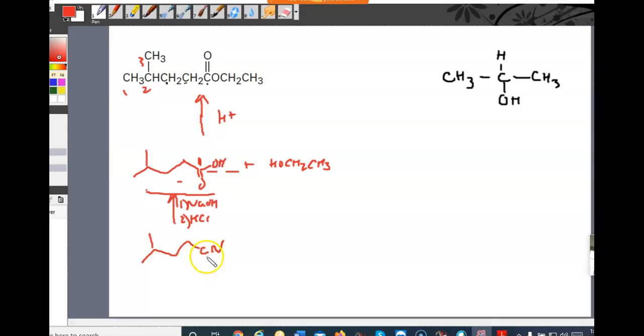If I get this nitrile on, I can hydrolyze it and make it into the carboxylic acid. To get the nitrile, we learned that you need to have an alkyl halide here and add CN minus. So notice now I only have 2 carbons I have to worry about, because carbon 3 is the one that has the acid. That's the one I put the nitrile on and hydrolyze to get the carboxylic acid.